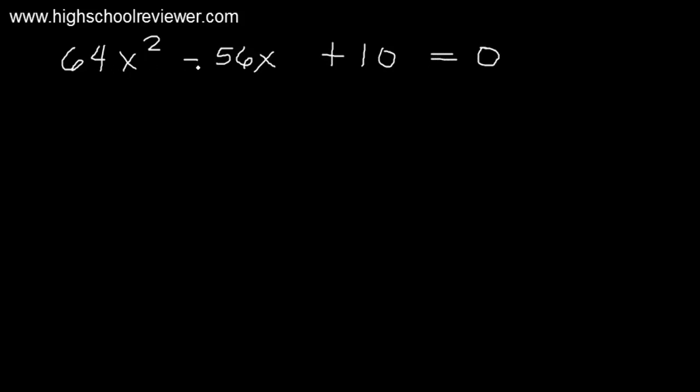Looking at the equation, we can still simplify this since 2 is common among the three terms. So we are going to divide both sides of the equation by 2.